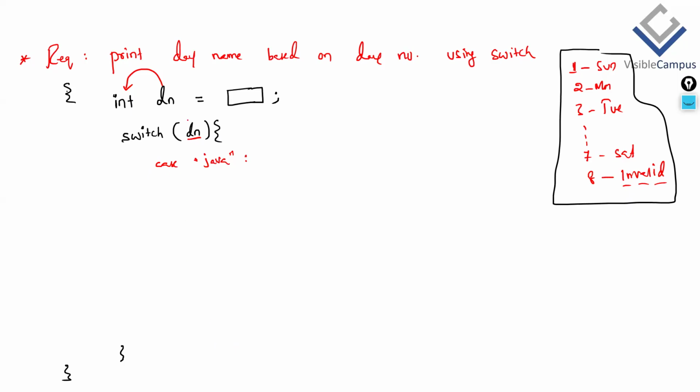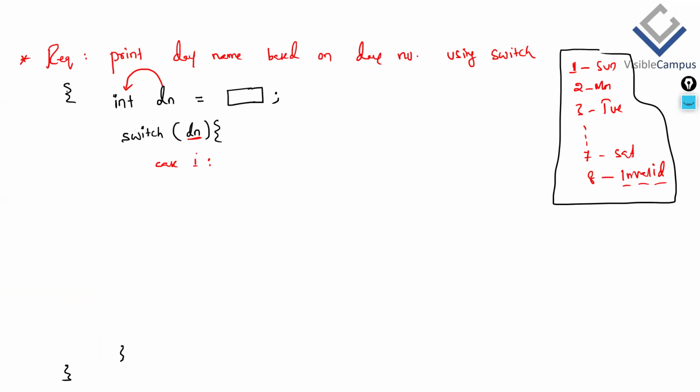No, because the existing variable is integer type. The case label values must match the type of that. Therefore, writing this Java is syntactically wrong. Only any integer values are allowed, but not other types of values. So here I'm going for case 1. Is 1 a value or a variable?